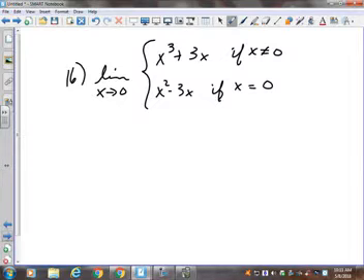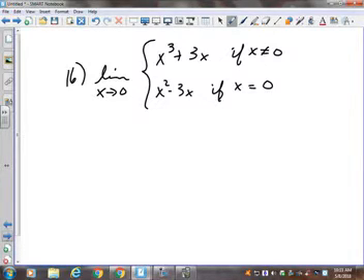So if they ask me for the limit at 0, that means I have to know whether or not the graph has a hole at 0, it's colored in at 0, or if there's a vertical asymptote there. And in this particular question, they say the first equation works for everything but 0, and the second equation works for 0.